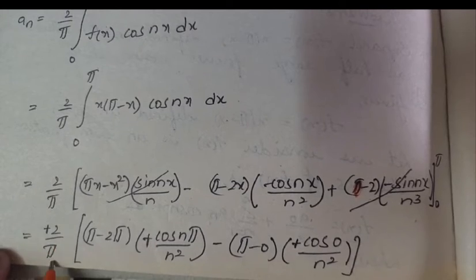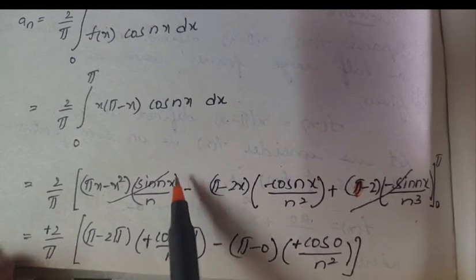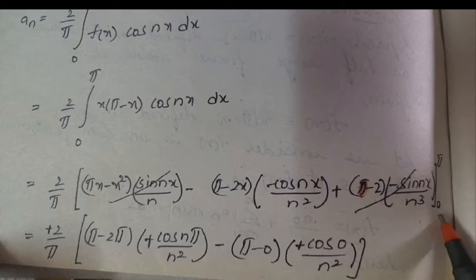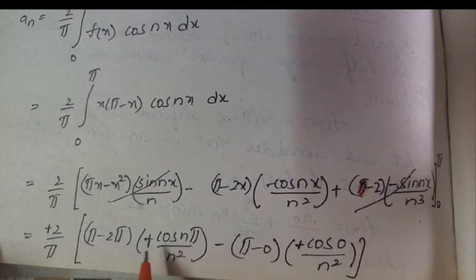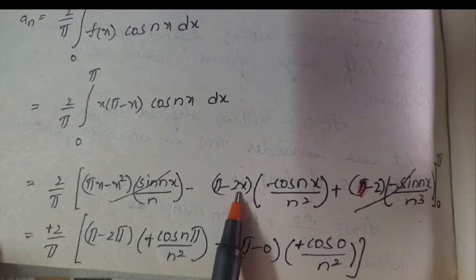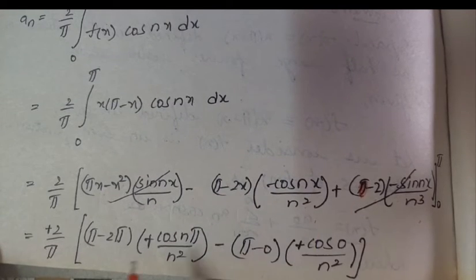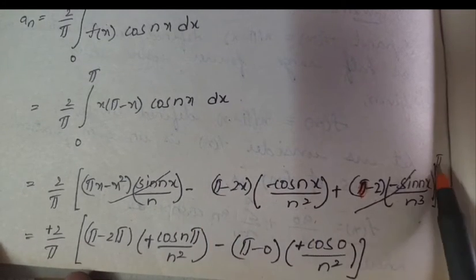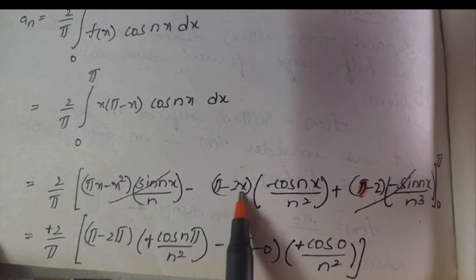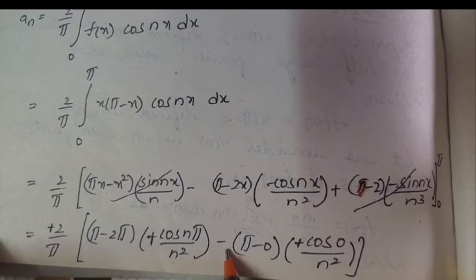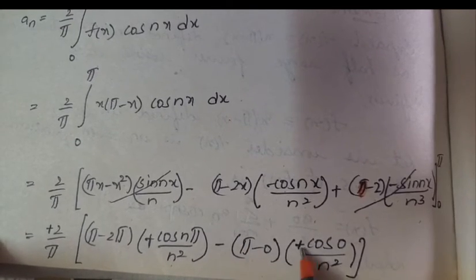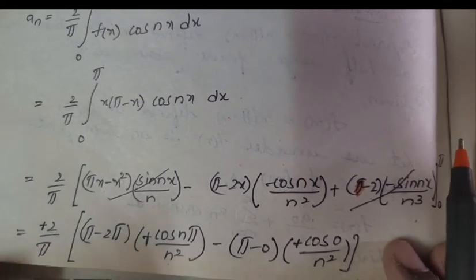Now this is 2 by pi of, when we substitute the limits pi and 0, the sin terms are 0. So the remaining term is the cos term, that is pi minus 2x times minus cos nx by n square. If we substitute the upper limit, pi minus 2 pi, cos nx by n square, minus pi minus 0, cos 0 by n square.